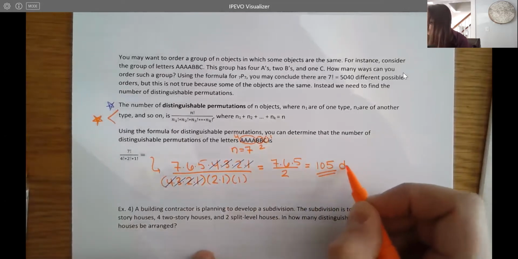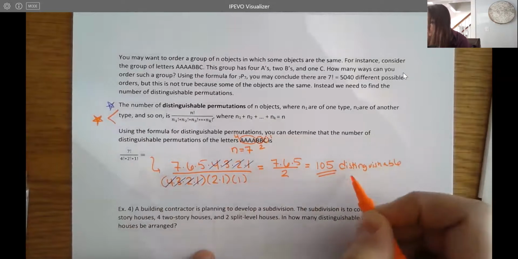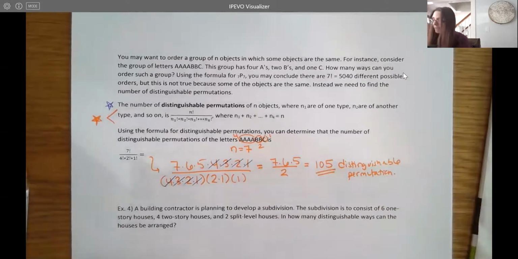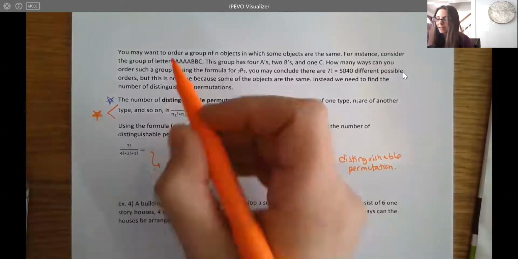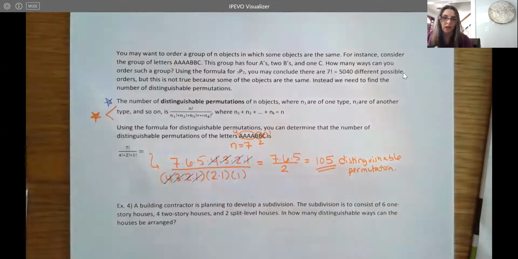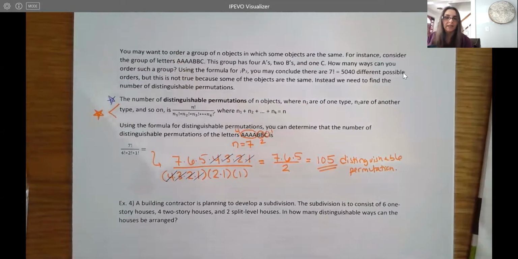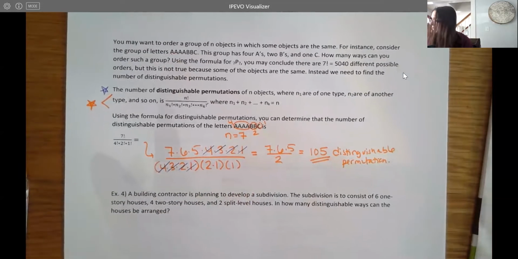So there are 105 distinguishable permutations, not 5,040. And again, the issue is that we have these repeat values that really are not distinct, right? This A compared to this A are not truly different. They're the same thing. So it's going to affect how many distinct permutations we get.